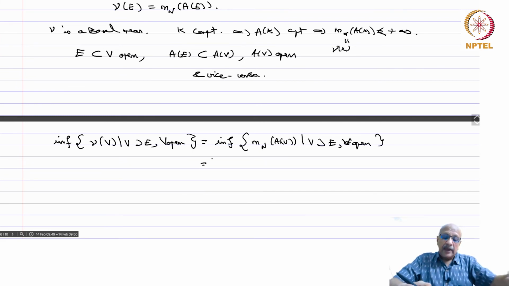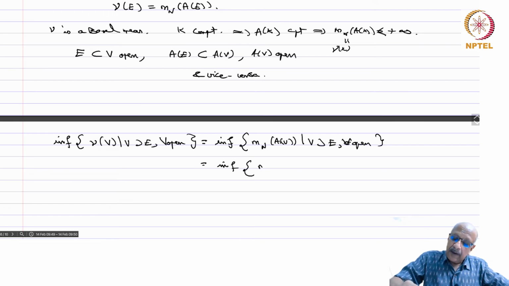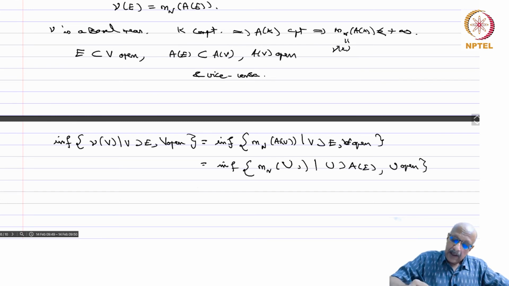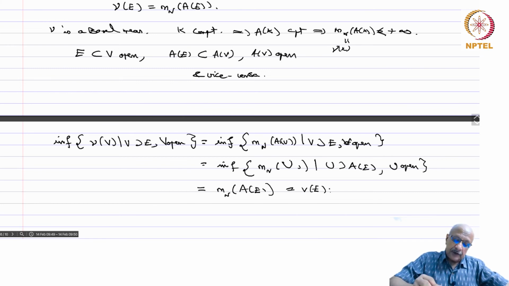And because AE contained in AV is the same as V contained in E, this can be written as the infimum of Mn of U, U containing AE, U open. And by the properties of Lebesgue measure, this is Mn of AE, which is nu of E. Therefore, condition 2 is also satisfied.